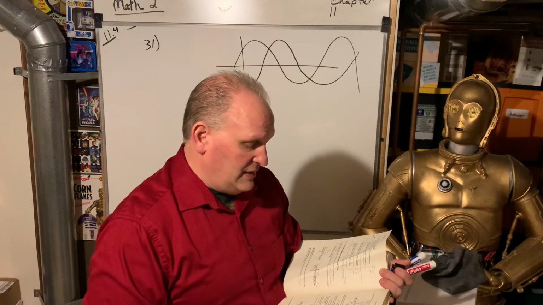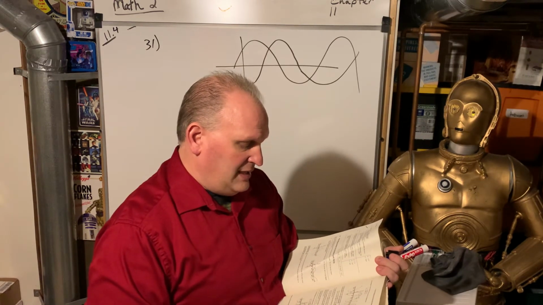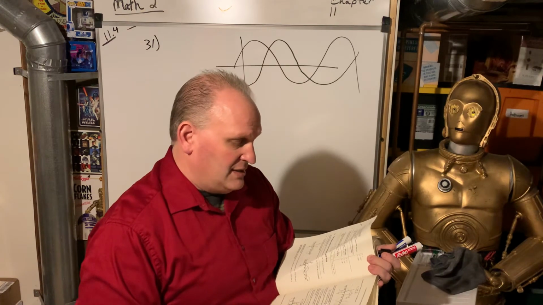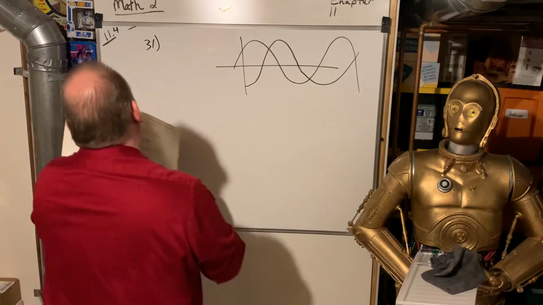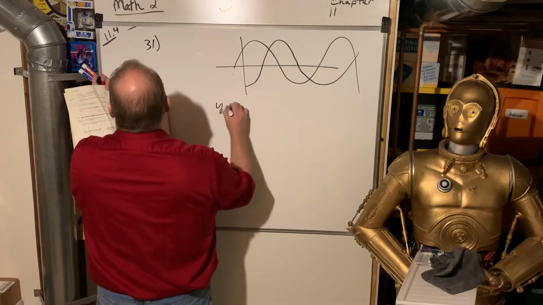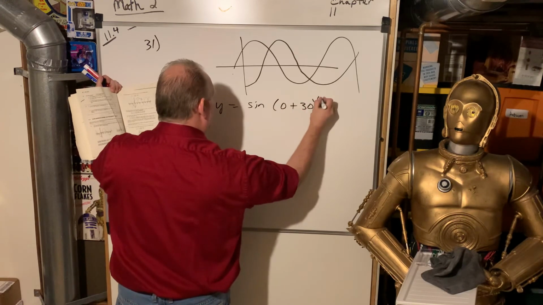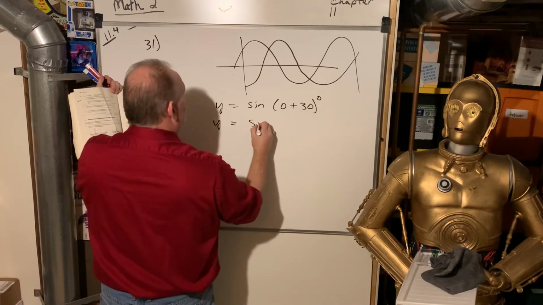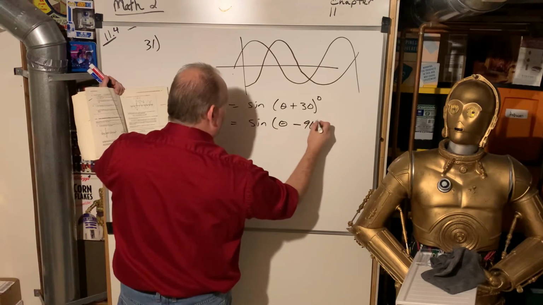Does the 120 degree phase difference appear in the equation of either non-fundamental sine wave? No, because look, they gave us the equations. y equals the sine of theta plus 30 degrees, and y equals the sine of theta minus 90 degrees.